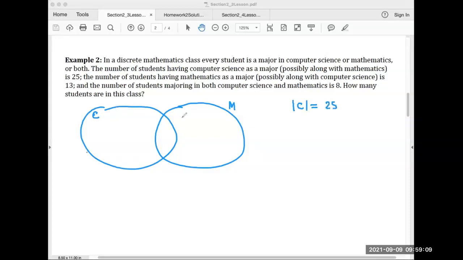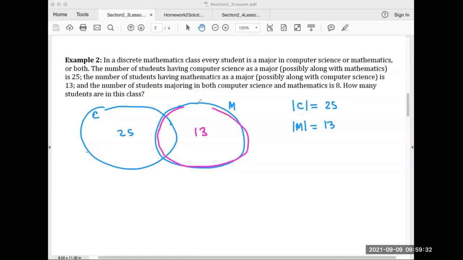That means in this whole circle, including the overlap, you're going to have 25 students. The number of students having mathematics as major, possibly along with computer science, so the magnitude of the math people is 13. So in this circle right here, it's 13, the whole circle, right?